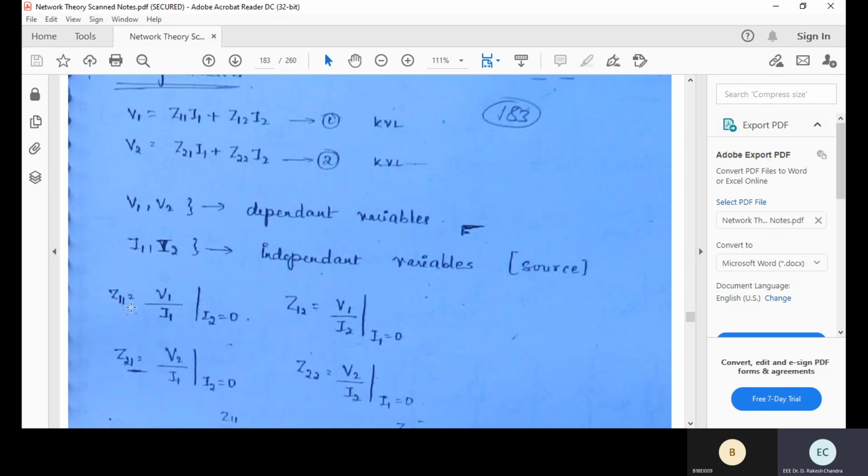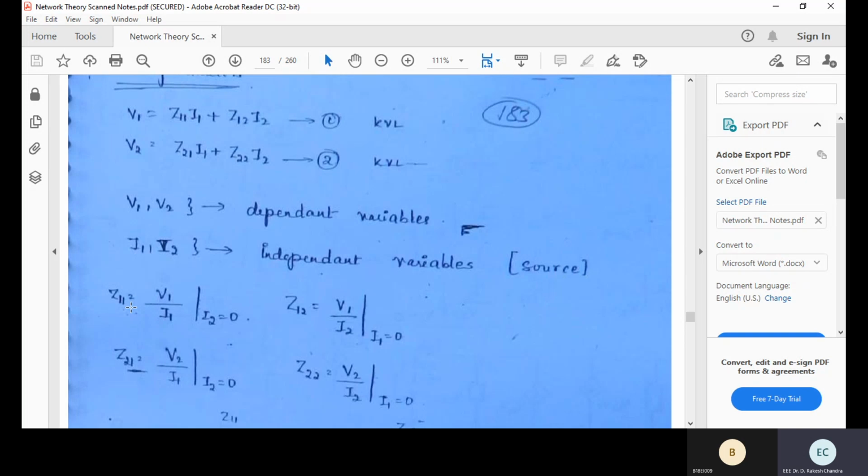In order to find Z22, you have to open the primary. Z11 means secondary should be open. Z22 means primary should be open. Z12 means primary should be open. Z21 means secondary should be open. Anyhow, we have to open the circuit on either side to find these parameters. That is the reason these parameters are called open circuit parameters.